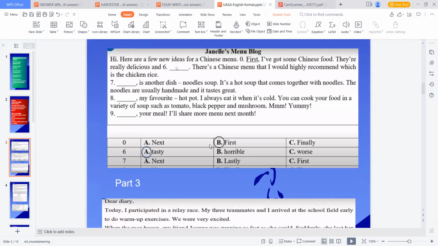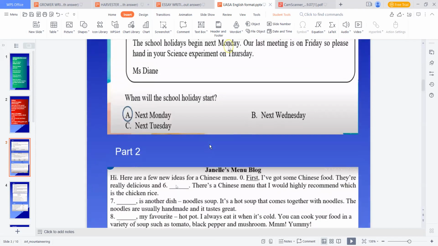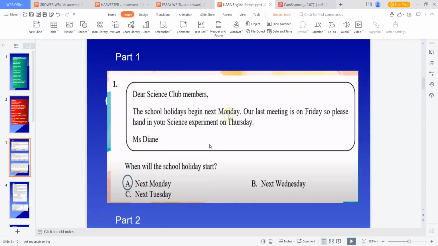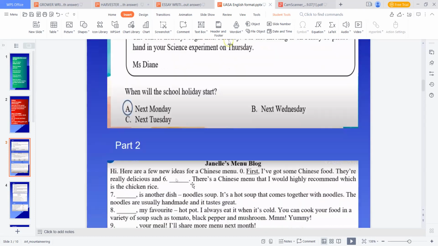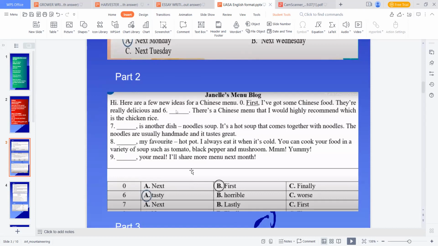All right, so let's look at each part in detail. Part 1 will be the multiple choice. These are example questions. You read a short text and then choose the answer out of 3. Part 2 will be related to grammar.